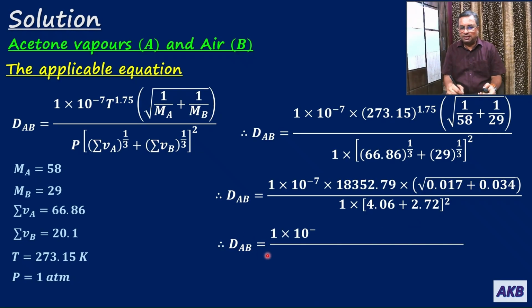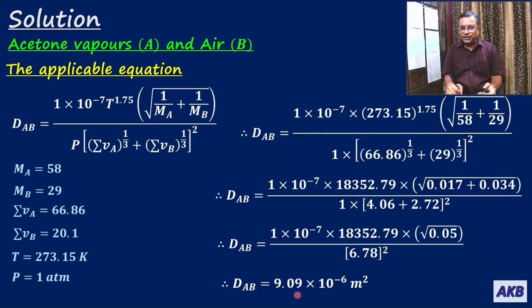So therefore DAB will be equal to 1 into 10 to the power minus 7 into 18352.79. Sum of this 2 is 0.05. So into under root of 0.05 divided by sum of this 2 is 6.78 and square of that. So that gives us DAB as 9.09 into 10 to the power minus 6 meters square per second.